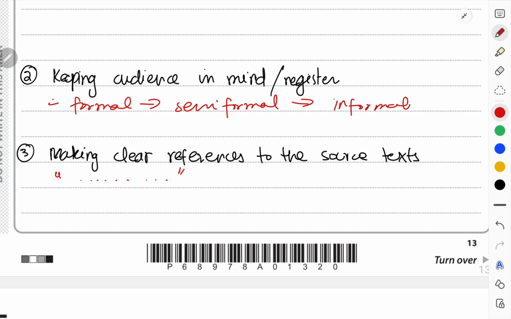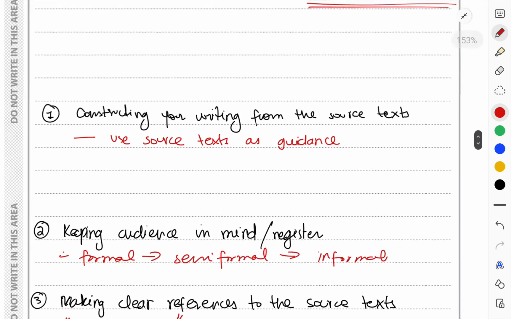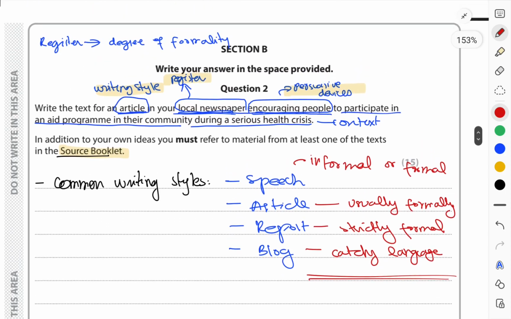Or if there are statistics mentioned in your source text, you can use those statistics in your answer to construct what you are constructing.